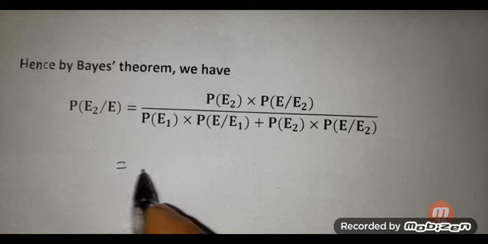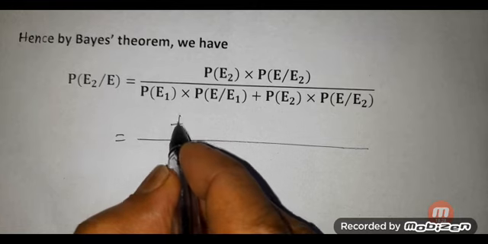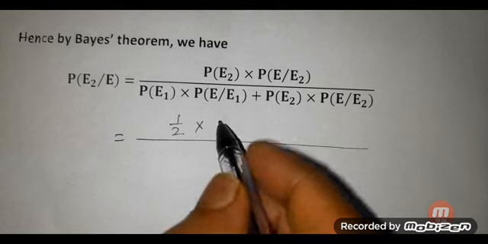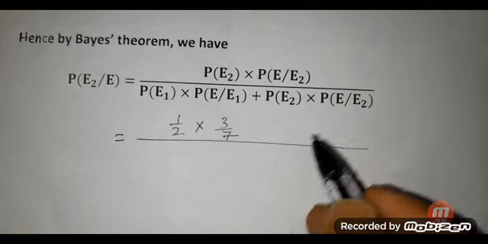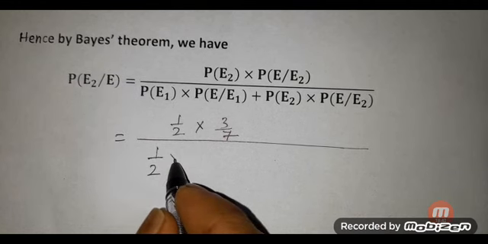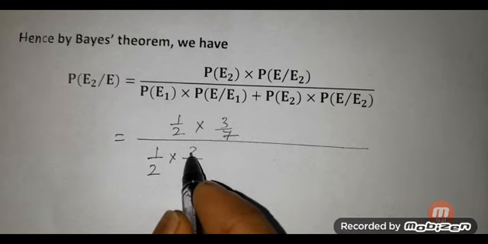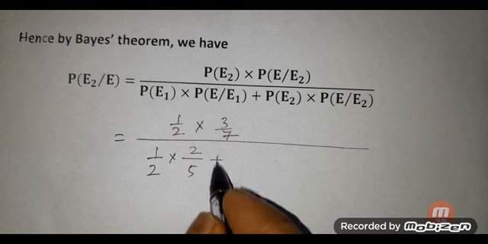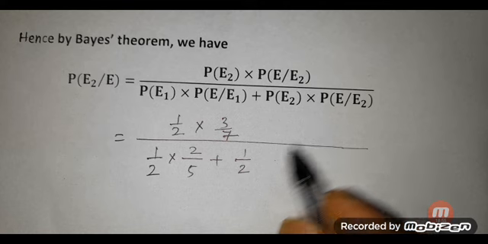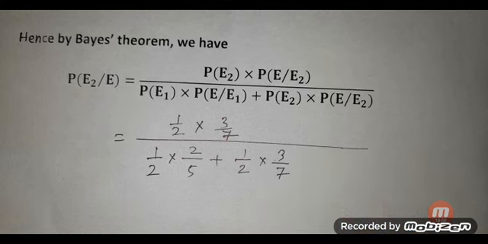So that is equal to P of E2 is half multiplied by P of E given that E2 is equal to 3 by 7, divided by P of E1 is equal to half into P of E given that E1 is equal to 2 by 5, plus P of E2 is 1 by 2 into P of E given that E2 is 3 by 7.